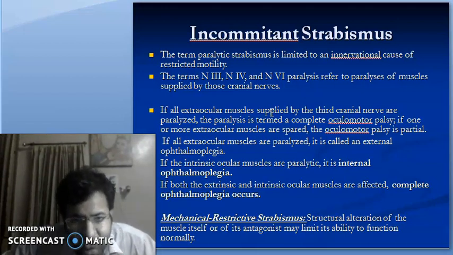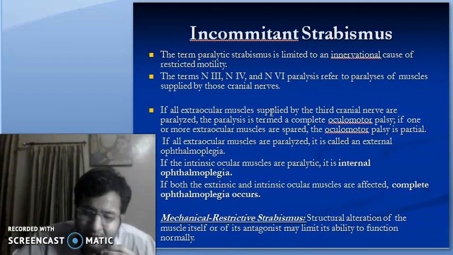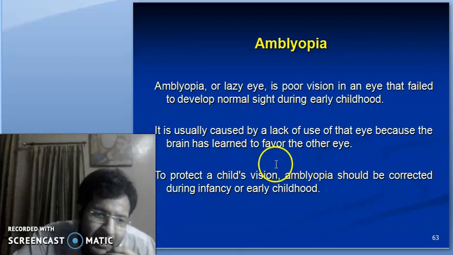The next cause of incomitant strabismus is mechanical restrictive strabismus, in which there is a structural alteration of the muscle itself or of its antagonist, and thus it may limit its ability to function normally and its action may be lost. In the next video, we will study amblyopia.